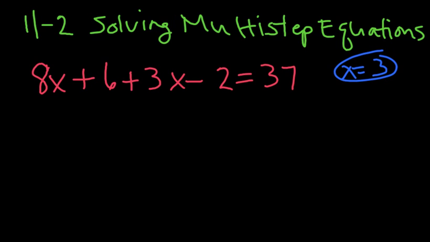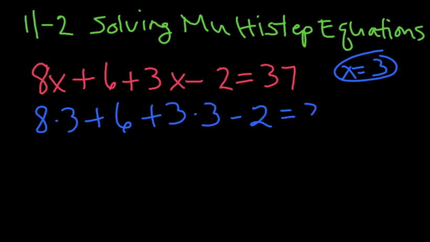And then we put 3 in x's spot. Everywhere there's an x, we're going to put a 3. Now we're going to do the actual math on this side and see if that really adds up to 37, to see if our answer of 3 was right.